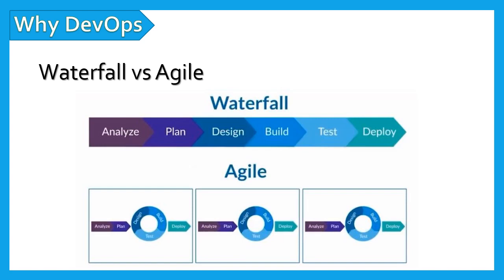And once the final testing is done, it's then deployed onto the production server for release. So, Agile methodology basically breaks down the entire software delivery life cycle into small iterations, due to which the development and the testing part of the software delivery life cycle happen continuously.